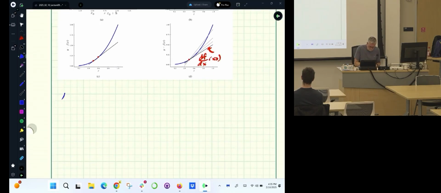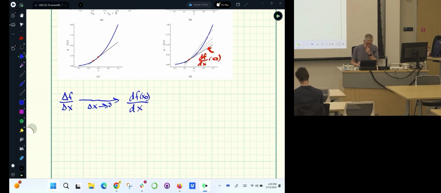So we take rise over run. As the run goes to 0, we're going to use that to define the derivative at the point x0.